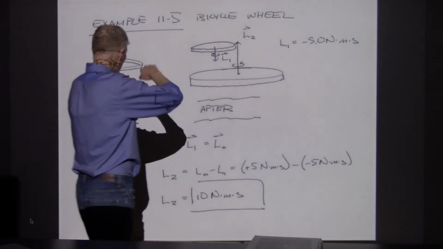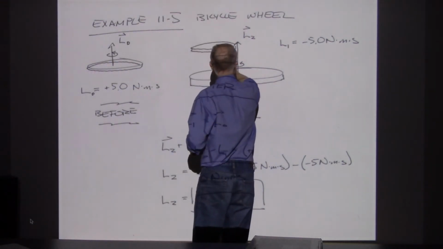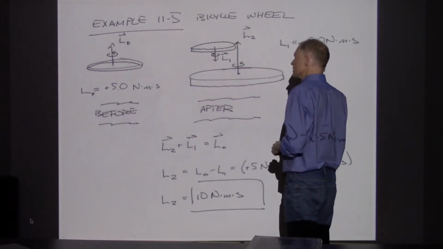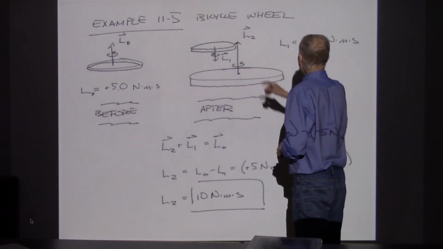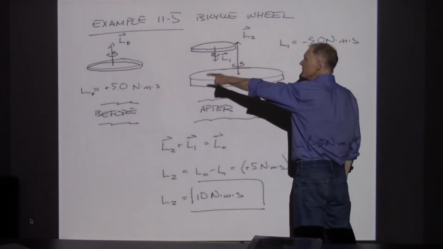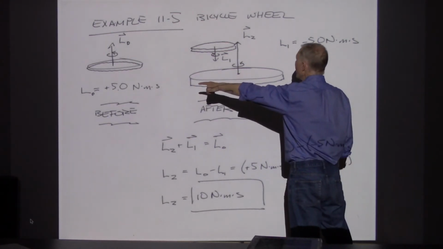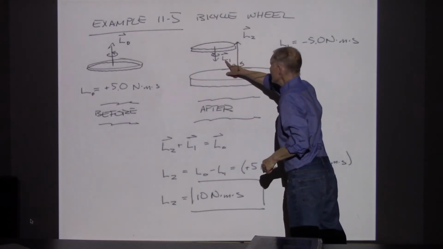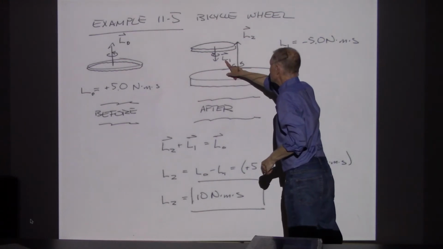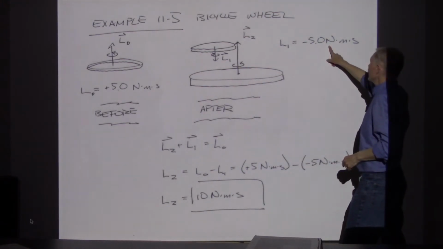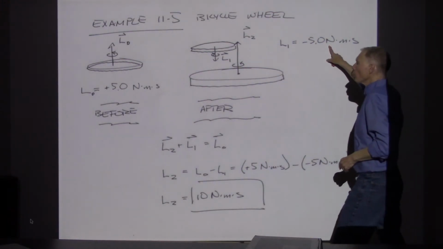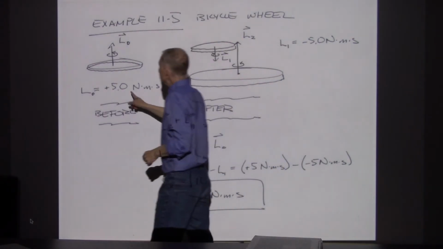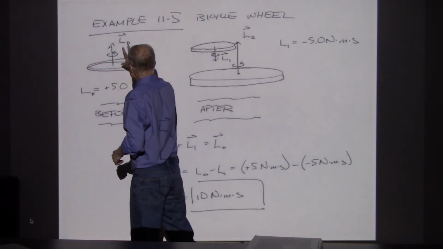Now, when the person flips this over, the angular momentum now is going to be in the opposite direction. So if initially it was +5, well, the angular momentum in the bicycle wheel is now -5 units. So what would happen is this. Initially, all of the angular momentum is in the bicycle wheel.